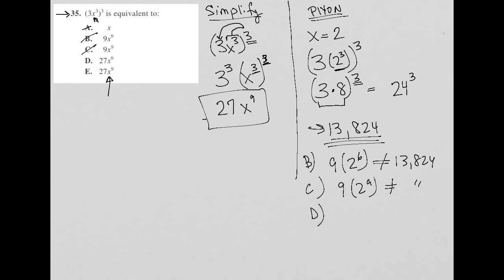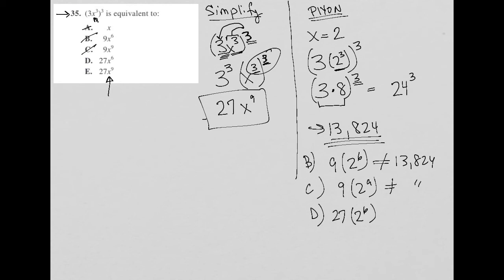So you can see kind of how this process is a bit different than the simplification process. But I like this process because if you don't remember your exponent rules, if you don't remember that you should distribute this exponent to both the coefficient here and the variable, then you're going to get this question wrong, right?